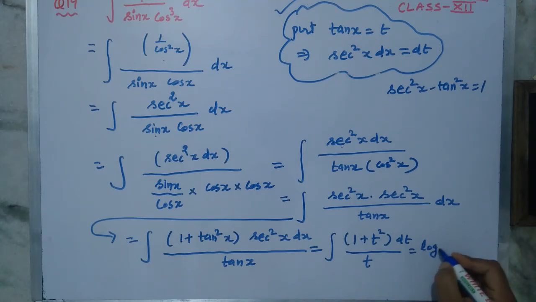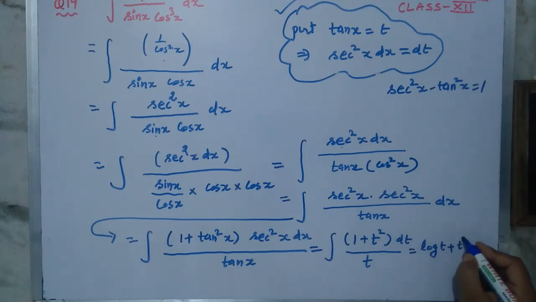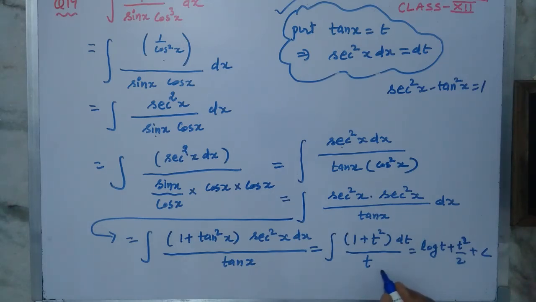This is log t, plus t square upon t is t, and integration of t is t square upon 2, plus c. So finally what we can write, this is equal to log of t. What is t? This is tangent of x, plus t square, which means tangent square x upon 2, plus c.